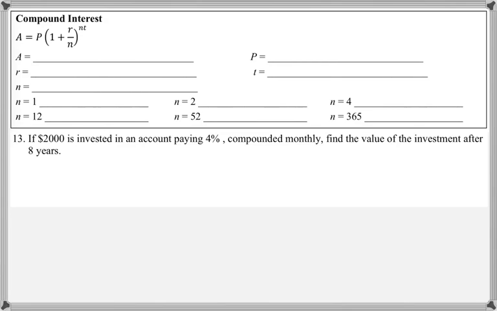So we have a formula, and I want to define our variables. So A is the future value, P is the present value, and like we talked about, that is called the principal.